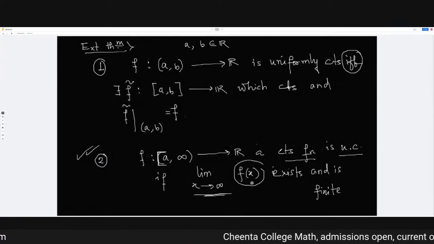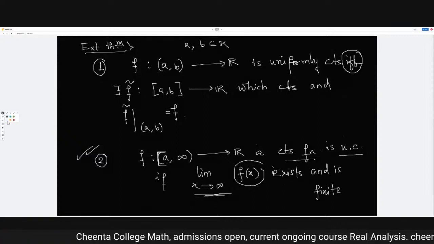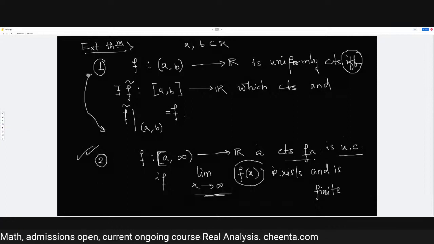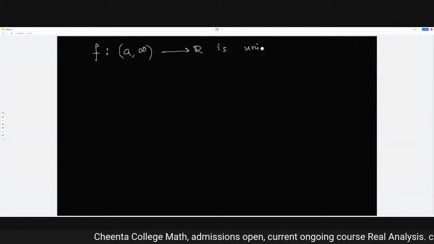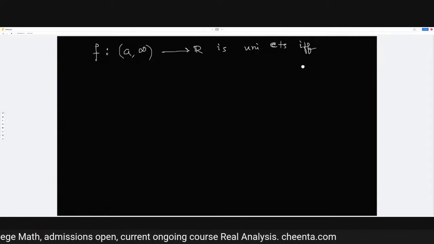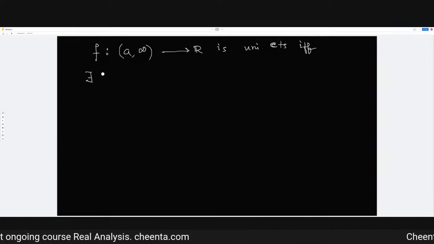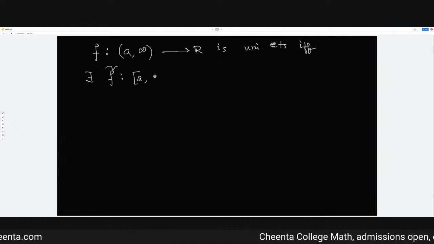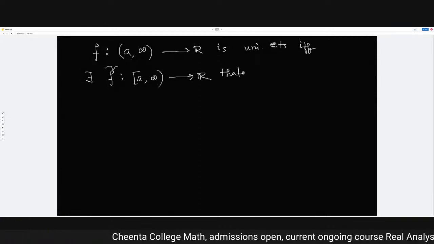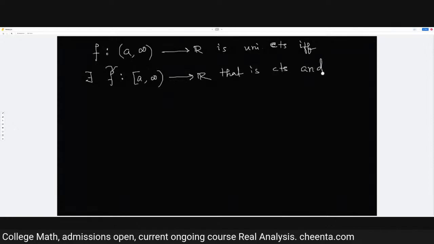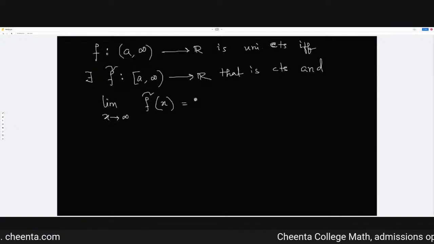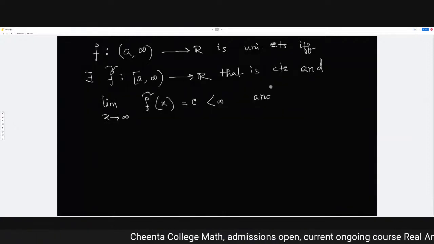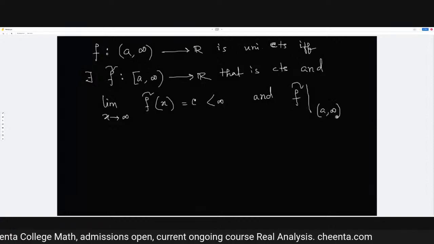So from here, if we combine the extension theorems, what it tells us is that f from [a, infinity) to R is uniformly continuous if and only if there exists an f tilde from the closed interval [a, infinity) to R that is continuous, the limit as x tends to infinity of f tilde of x is equal to some c less than infinity, and f tilde restricted to (a, infinity) is f.